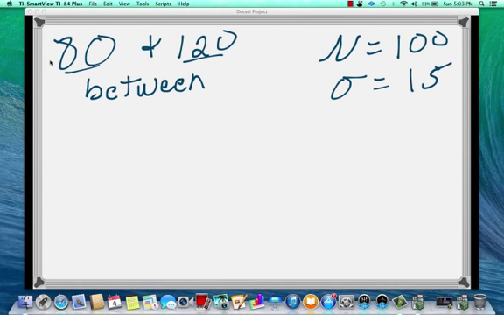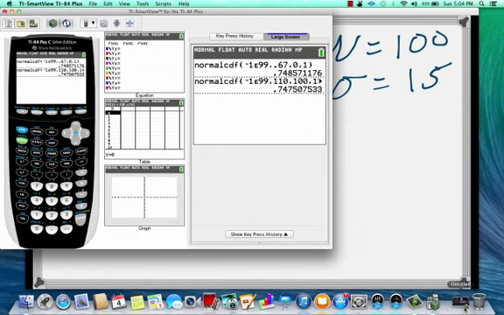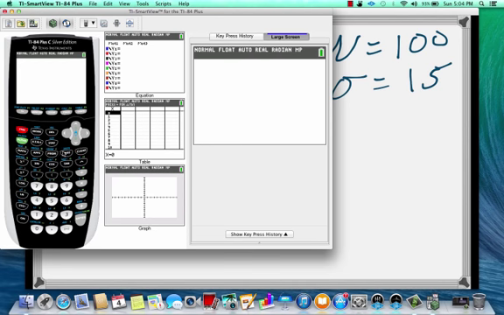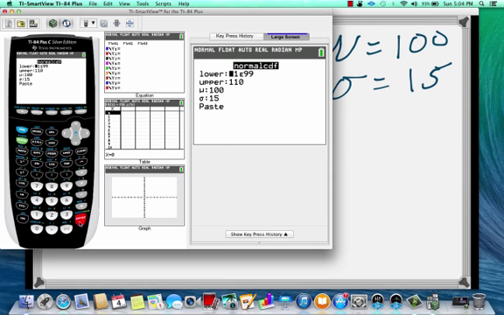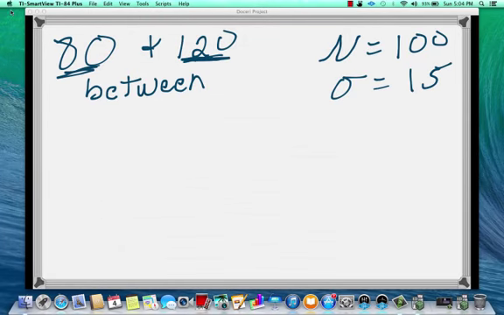Now you can go the long way around it and standardize each one of these and then subtract and find a difference. With the graphing calculator, going under normal CDF, I'm going to clear this. I can actually just punch in those numbers in the exact same order.